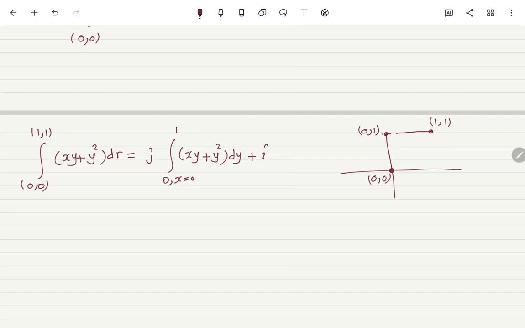plus i, now along the x-axis, x is changing from 0 to 1, but y is constant, equal to 1. So integration from 0 to 1, but y equal to 1 here, xy plus y squared dx.